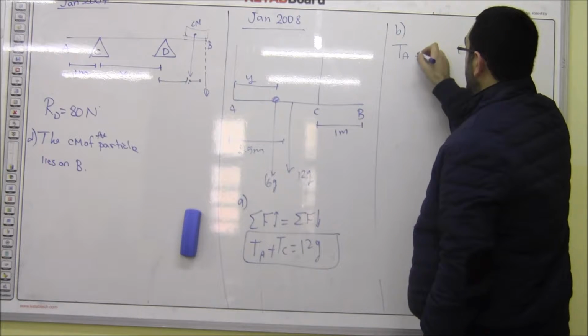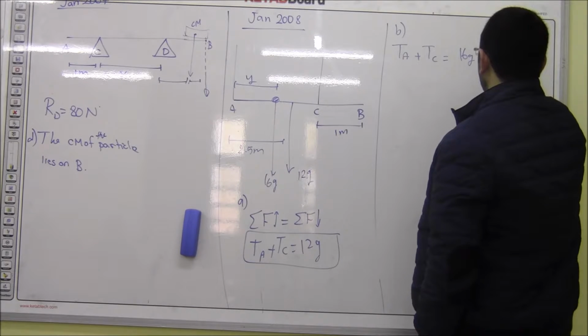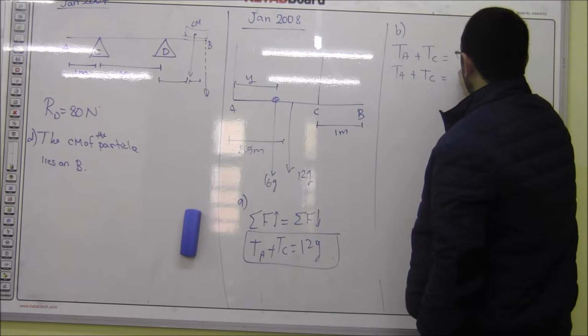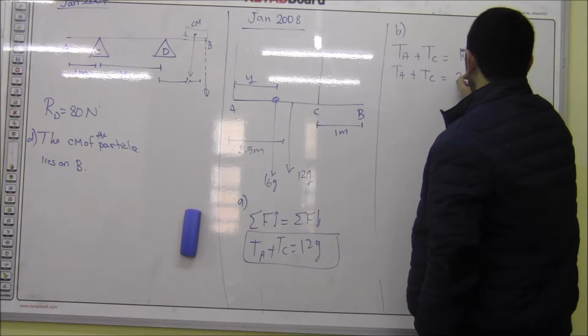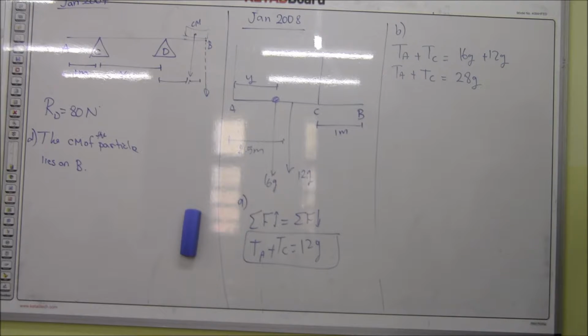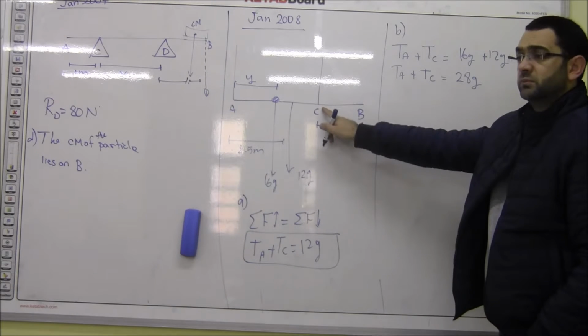So TA plus TC equals 16G plus 12G, which is 28G. They will change, definitely. Clear? Now we have to take moments about C or A, much better.